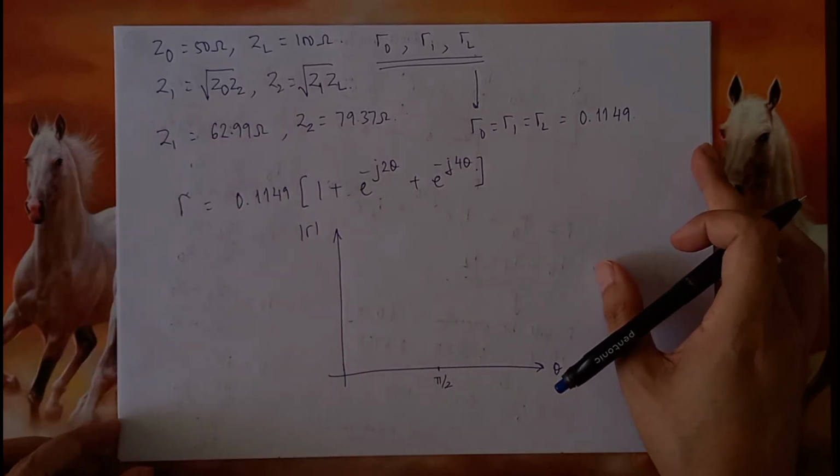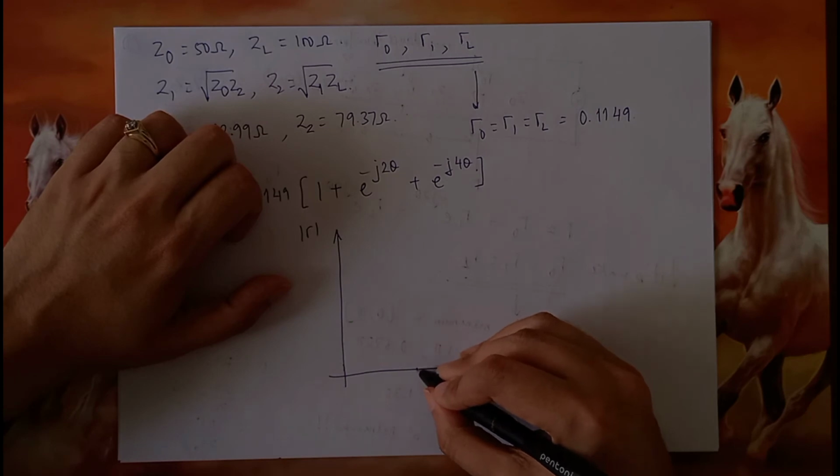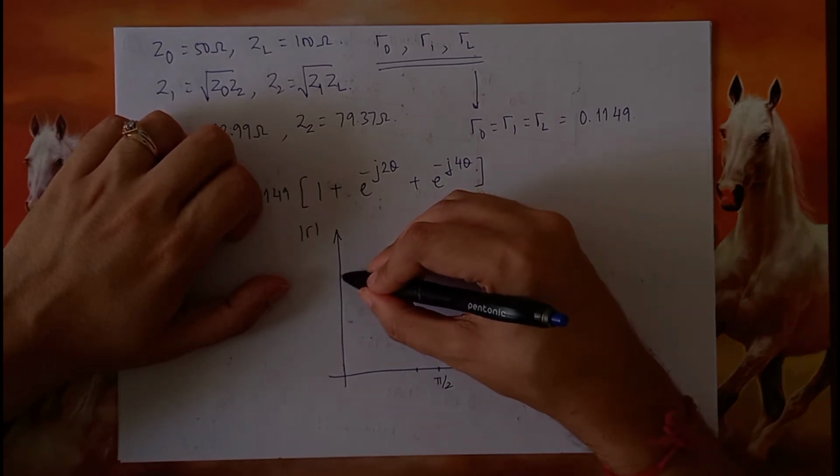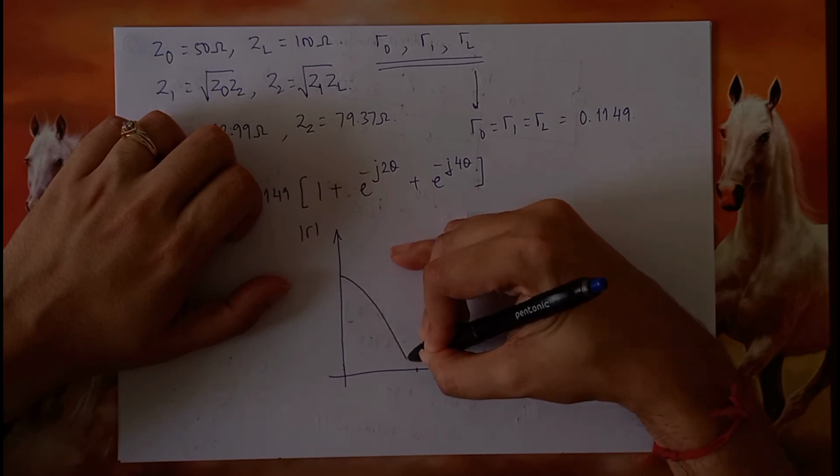So therefore one minima will be something less than pi by 2, the other minima will be somewhere over here. So therefore you can actually see that this is what will happen.